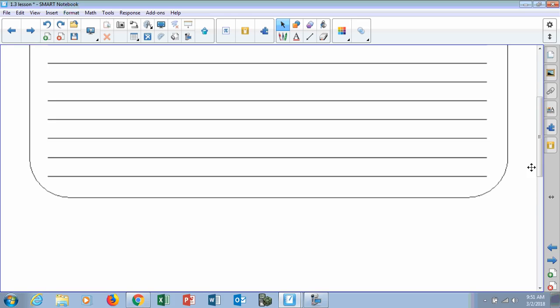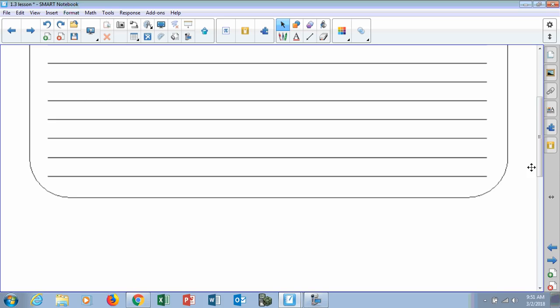How can you determine if a relationship is linear from a table, a graph, or an equation? Well, when you're looking at the table, as the independent variable increases by a constant amount, the dependent variable increases by a constant amount. They're both increasing by a constant. When you're looking at a graph, we just saw that they are straight lines. And looking at the equation, it can be written in the form of y equals mx plus b.